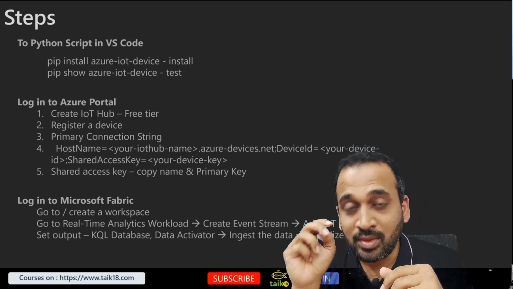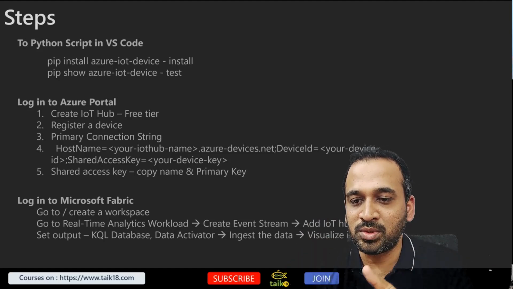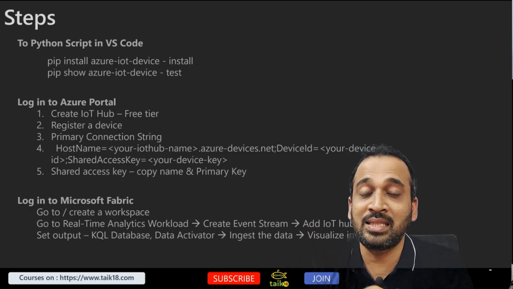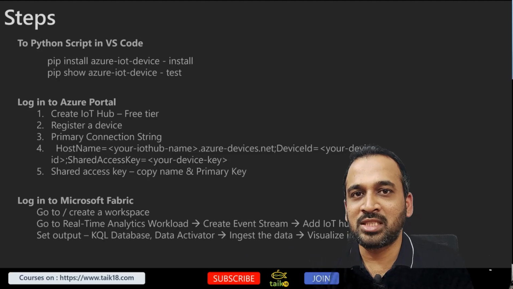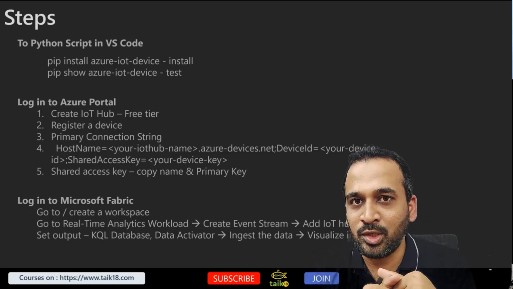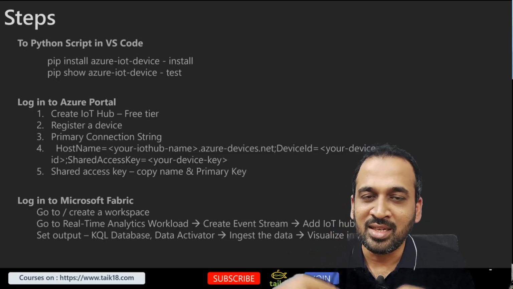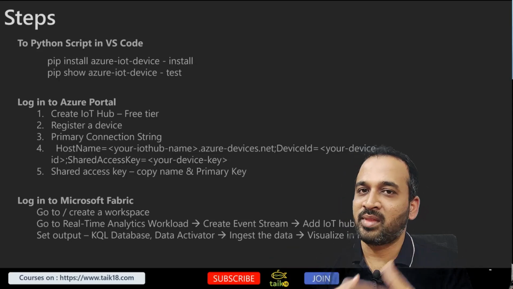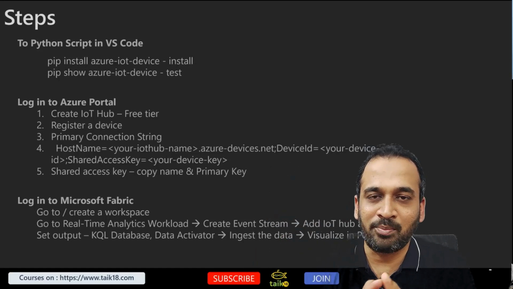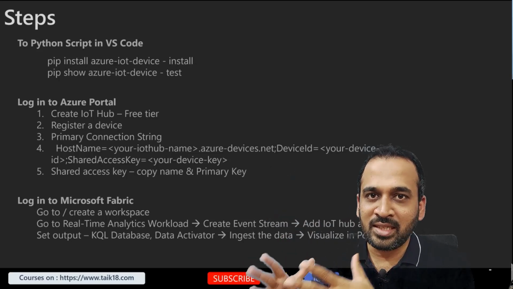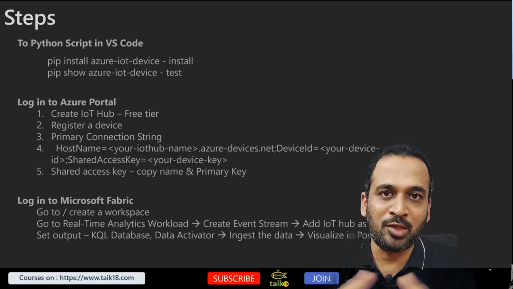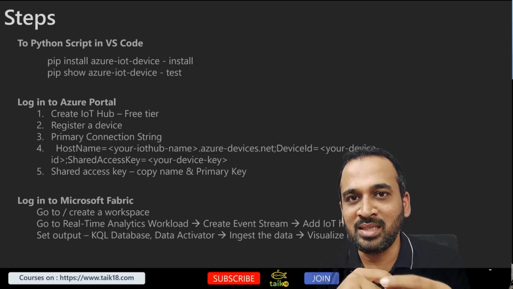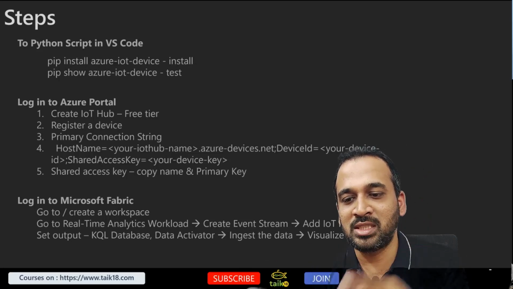The next thing is to take the primary connection details from that device, which are the host name and the shared access key. These are important so that you can add them into your VS Code Python application. Once you add that information, it can start sending data from this Python code into Azure IoT Hub. For this demo, I'm not using any real hardware. I'm just creating virtual hardware, which is a Python script. When I run it, it sends the information to this IoT Hub.